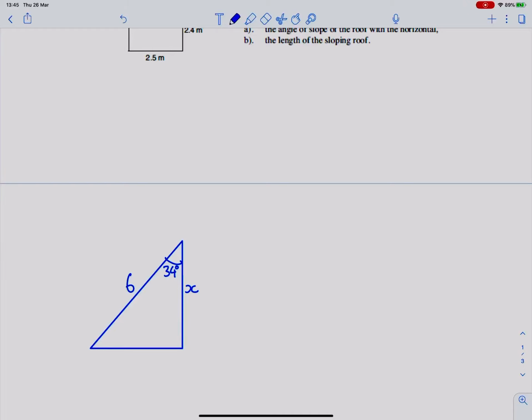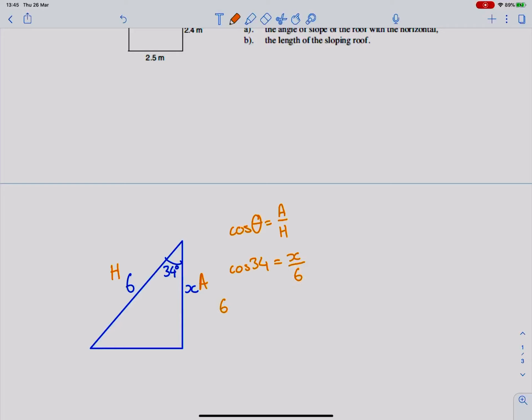Then you just do what you've been doing all the time, so you label your sides. You've got adjacent and you've got hypotenuse, so you've got A and H, so that's going to be cos. So cos theta equals A over H. Cos 34 equals adjacent x over hypotenuse 6.